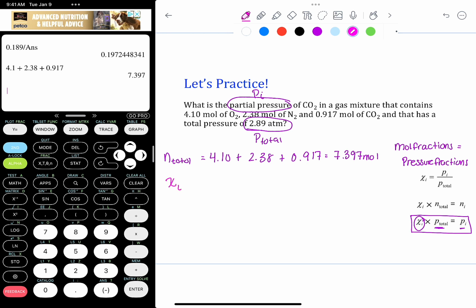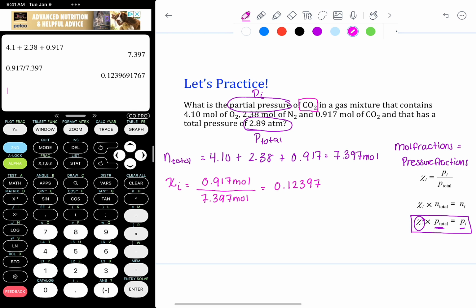Chi, our mole fraction, is now going to be the part over the whole, and in this case it's going to be CO2. So 0.917 moles of CO2 make up the total 7.397 moles. We get a mole fraction of 0.917 divided by 7.397, which is 0.12397.